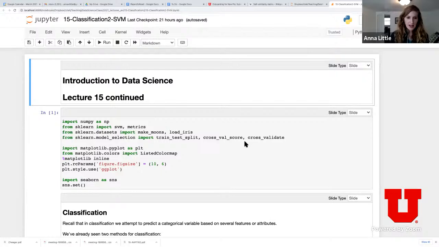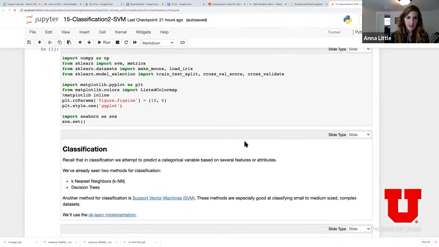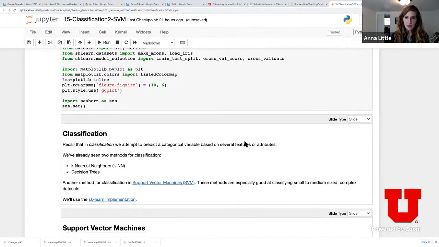Okay, so we're continuing the discussion of classification. Remember, just to put it in context, in the regression context, we're trying to predict a quantitative variable, but when we're trying to predict a categorical variable, we call this classification.